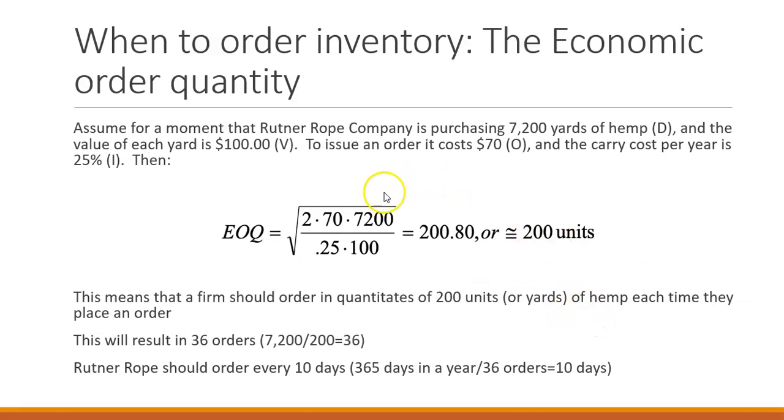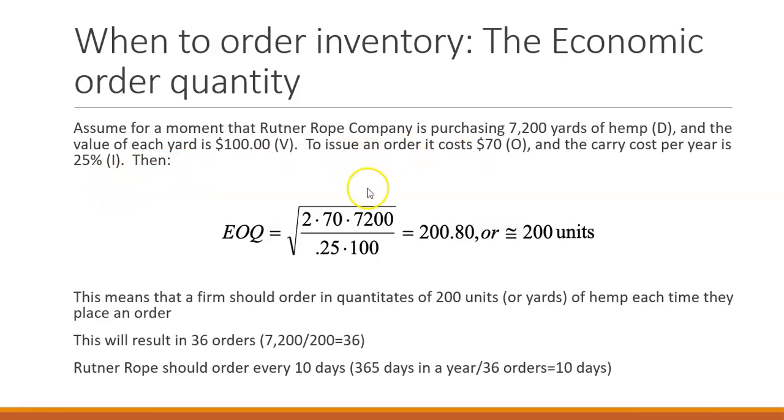So we have a company that purchases 7,200 yards of hemp per year. The value of each yard of hemp is $100. It costs $70 in administrative costs every time we issue an order. So administrative, transportation, logistics, and the carrying cost per year is 25%.